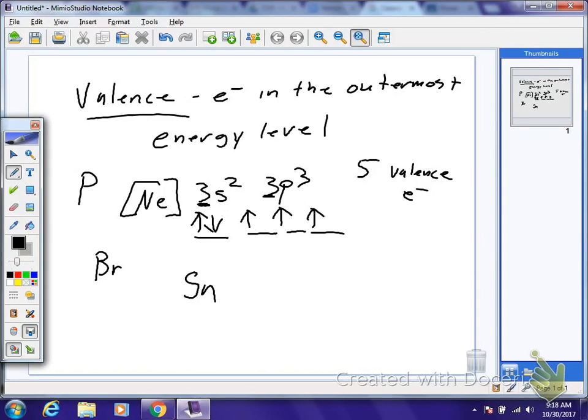Now, to indicate that, we need to do it just like we would with the orbital notation. So we go 1, 2. What are those? Those are the s's, right? And this is p1, p2, p3. Now we have to start pairing them up, right? It's like doing the arrows.